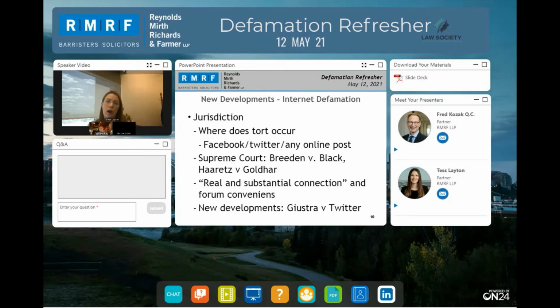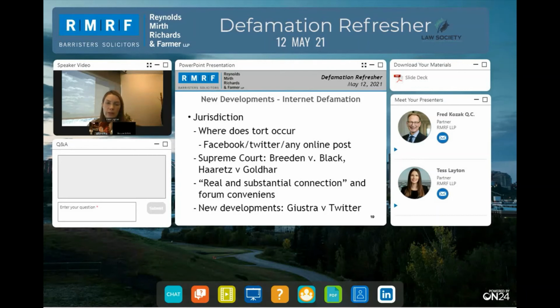So the court's holding in Haaretz on the first step was that jurisdiction simpliciter was made out. The tort was essentially committed in Ontario when the article was accessed or downloaded and read by a third party, because we know from the three-part defamation test that Fred talked about, as soon as somebody reads it, defamation has occurred.